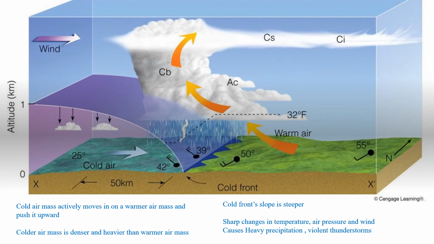Such a condition is known as frontolysis. On the other hand, if the temperature contrast increases across a front, it can cause it to strengthen and regenerate into a more vigorous frontal system. This condition we call frontogenesis.